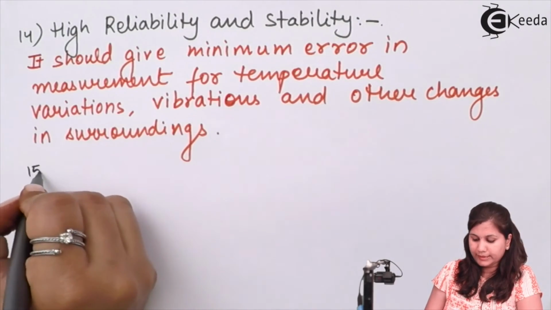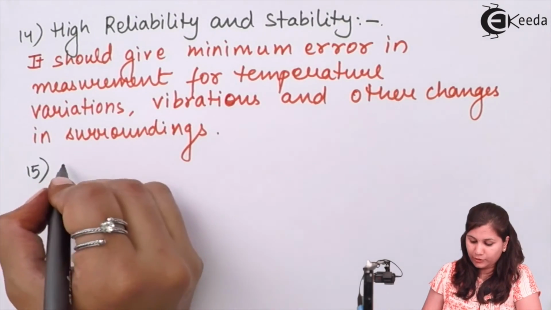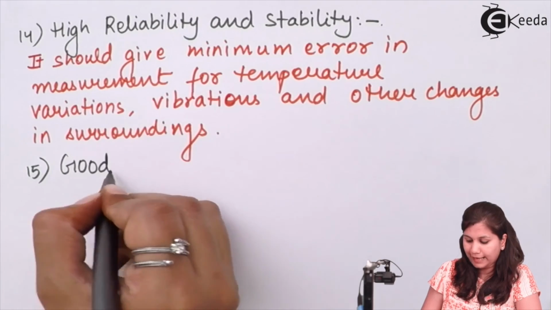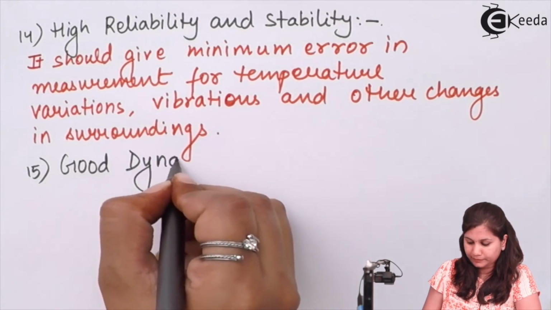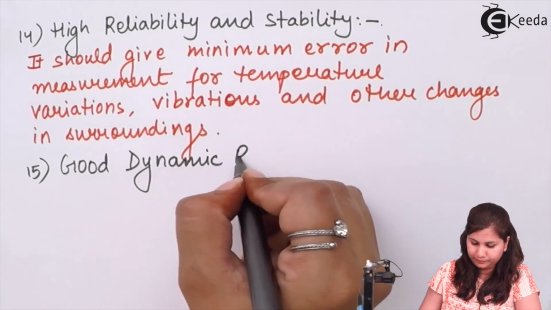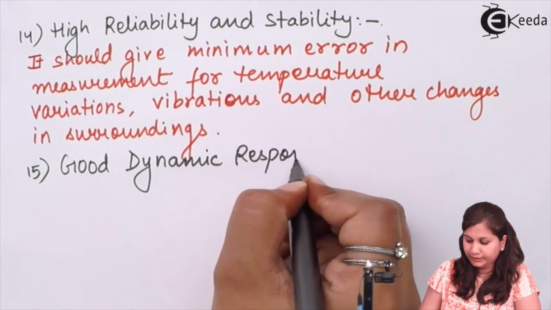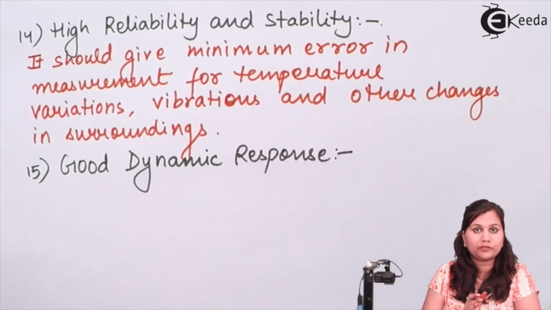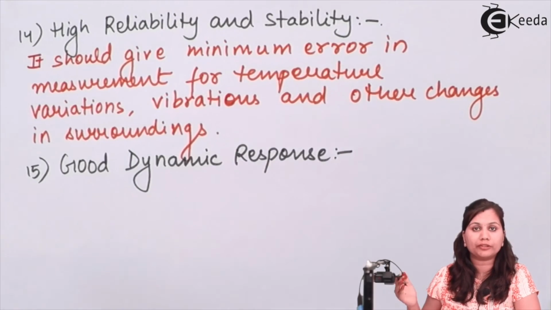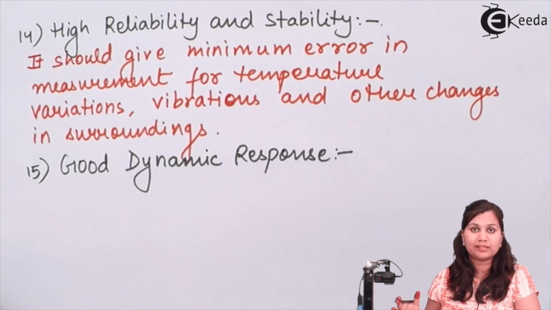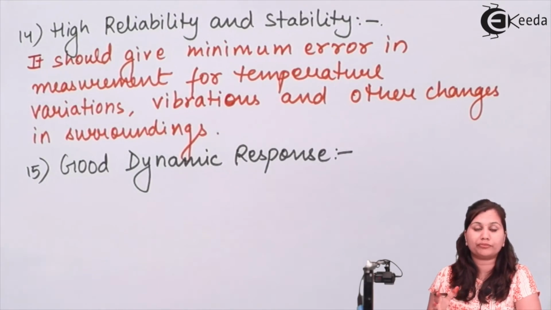Also, it is expected that a transducer should give a good dynamic response. Dynamic response is the response of the transducer as a function of time. Meaning that as time increases, the response of the transducer should remain very good.